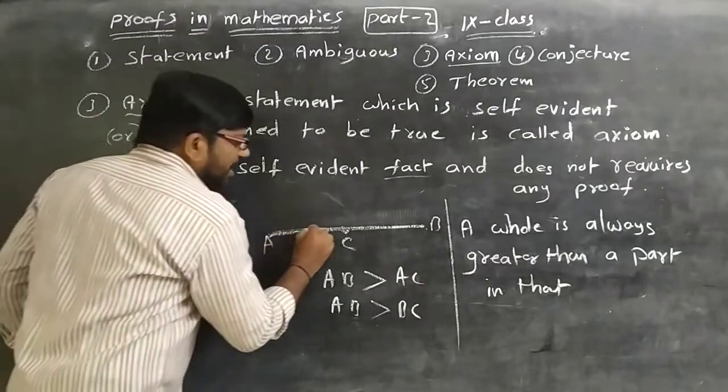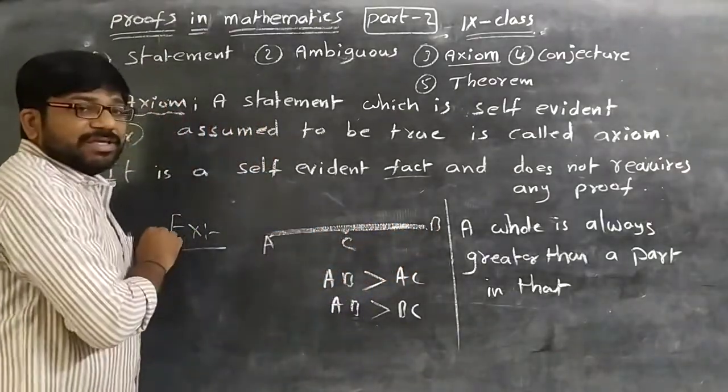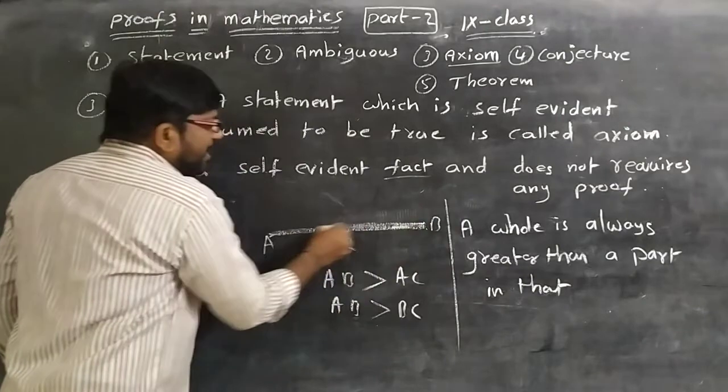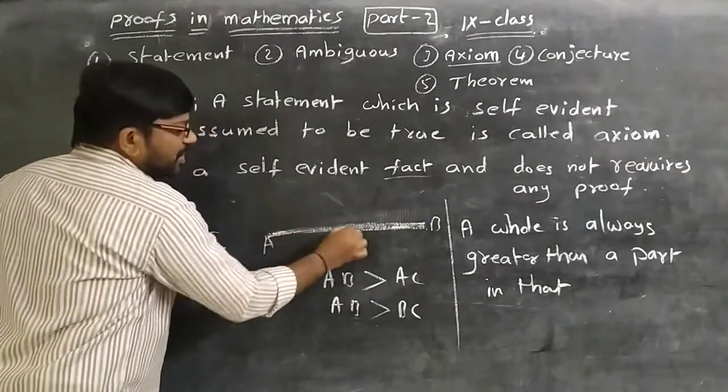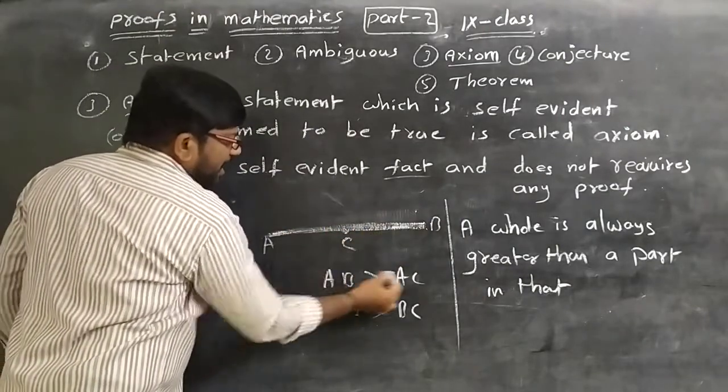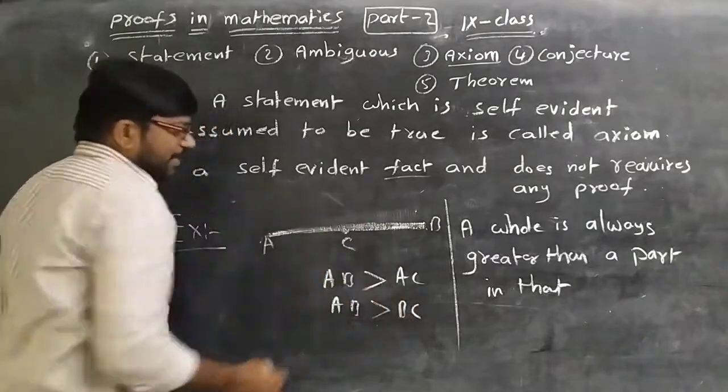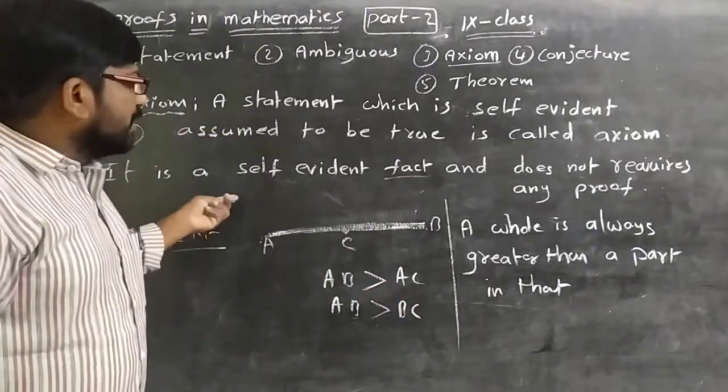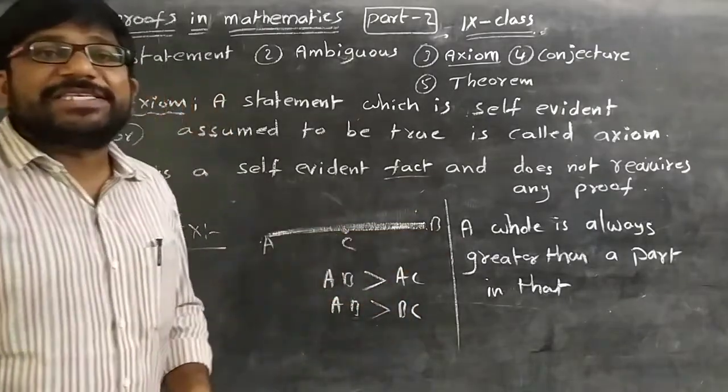Here AB is a whole line segment. So AB is always greater than a part in that, which is AC. So AB is greater than AC and AB is greater than BC, right? So this is the example for an axiom, right?